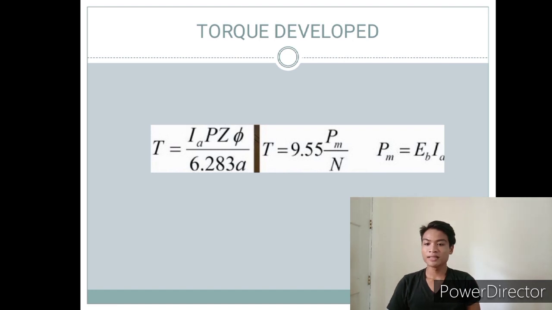Yung I sub A is yung armature current na naka-unit sa ampere. Tapos meron tayong note na yung 1 Weber is equal siya sa 1 times 10 raised to 8 Maxwell.